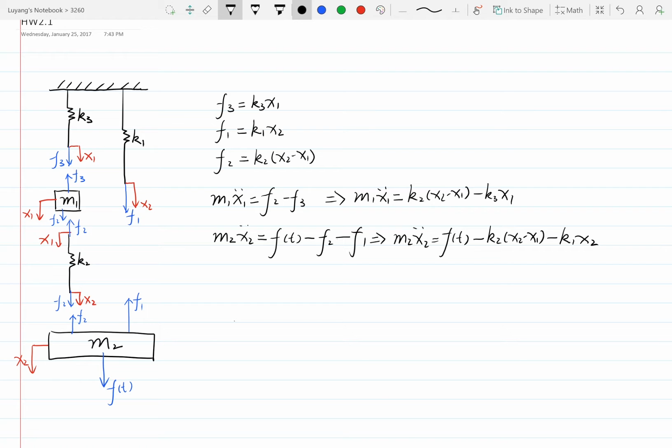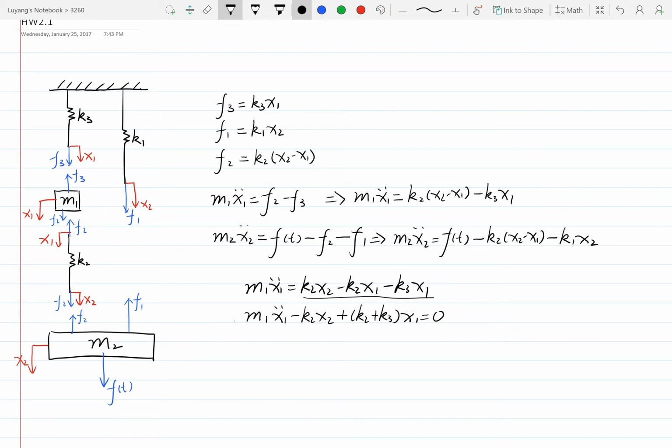Alright, so the first equation, M1 x1 double dot equals K2 x2 minus K2 x1 minus K3 x1. So we can move the right side of the equation to the left. We can get M1 x1 double dot minus K2 x2 plus (K2 plus K3) times x1 equals 0.